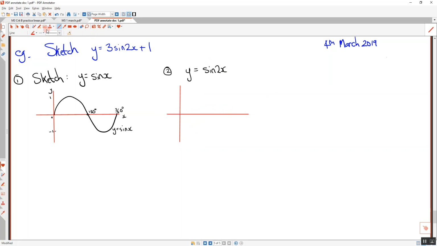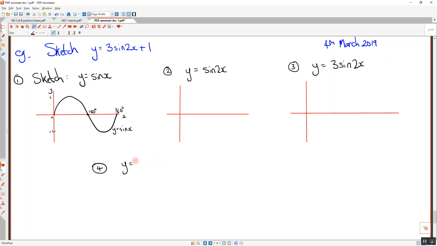And after that one, have a go at drawing y equals 3 sine 2x. And then when you've done that, do the last one. Y equals 3 sine 2x plus 1.